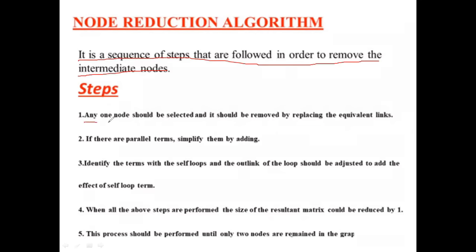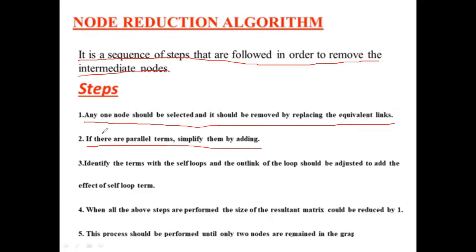The first step: any one node should be selected and removed by replacing it with equivalent links. If there are parallel terms, simplify them by adding.